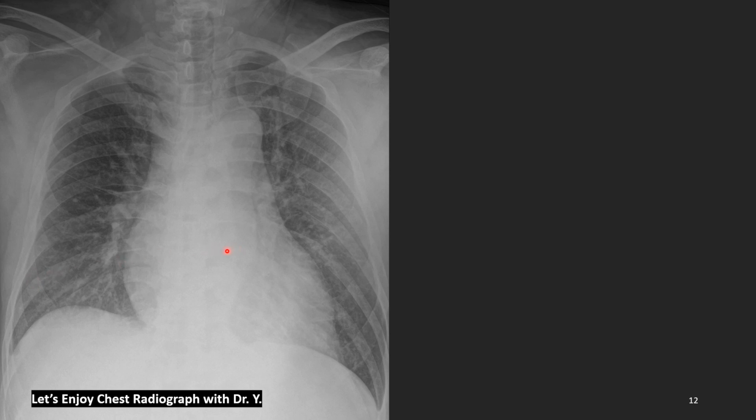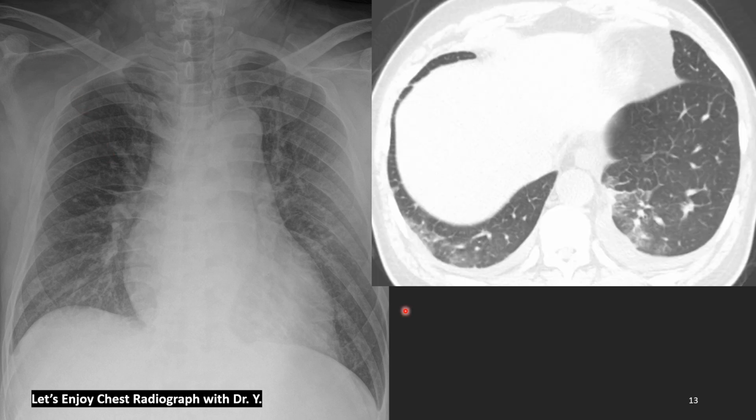Yes, that's true. Congestive heart failure. The CT image shows cardiomegaly and bilateral pleural effusion, many Kerley B septal lines, and ground glass opacity of alveolar edema, septal lines of interstitial edema, ground glass opacity, many septal lines.